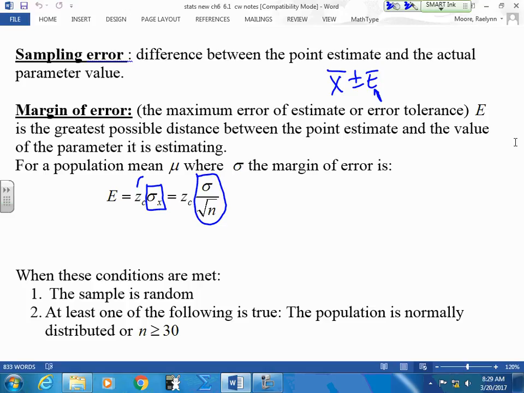And here is another one when these conditions are met. The samples always have to be done at random, which we know. And one of the following has to be true: either they tell you that your population is normally distributed, or your sample size is greater than or equal to 30, which we've already seen too. Some of these things we've already been using, and some we're just adding in, like margin of error.